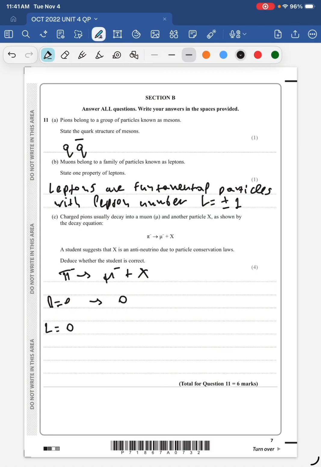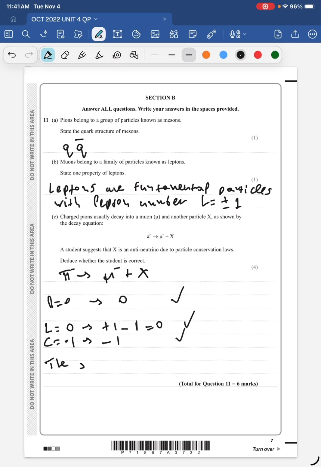The pion has a lepton number of 0 and the muon has a lepton number of plus 1. So if X is an antineutrino, it will have a lepton number of minus 1. So we will have a lepton number of 0 on the right-hand side. So that makes sense. The charge is minus 1 for the negative pion and minus 1 for the muon. And if X is an antineutrino, it will have no charge. Therefore, the student is actually correct.